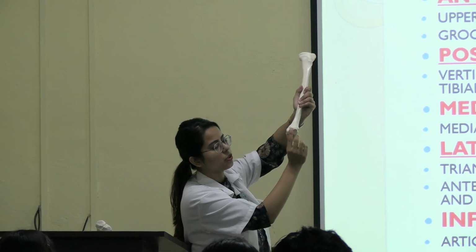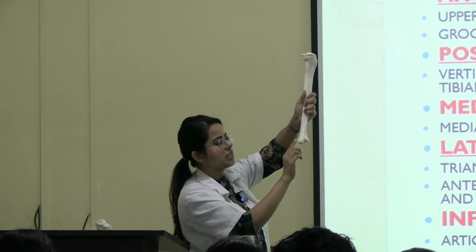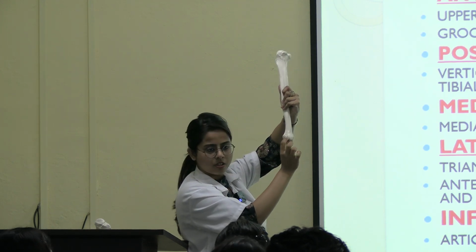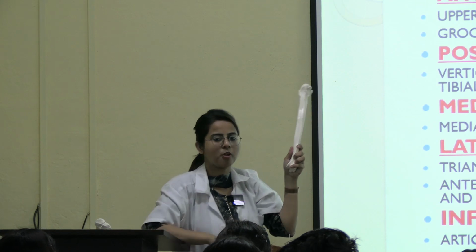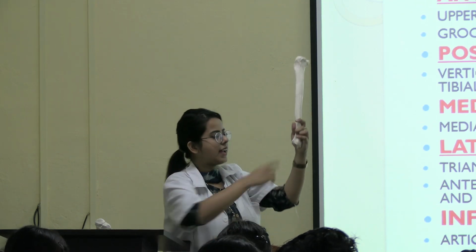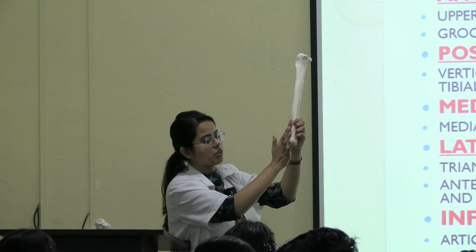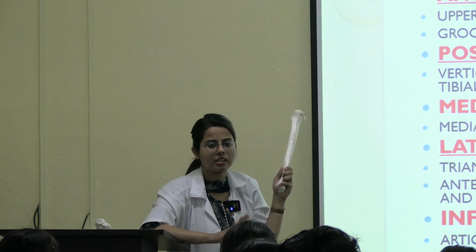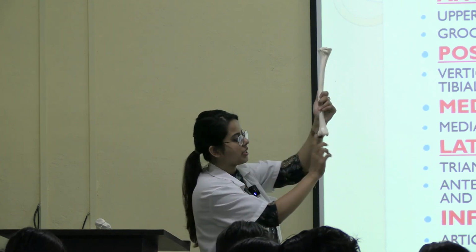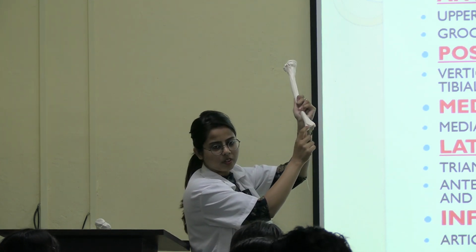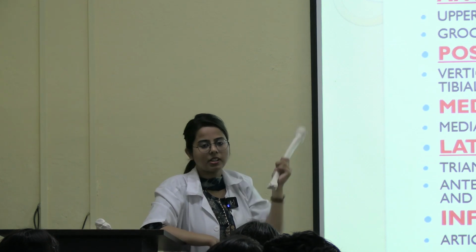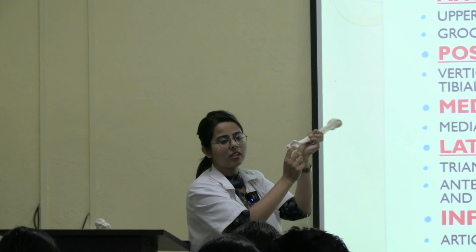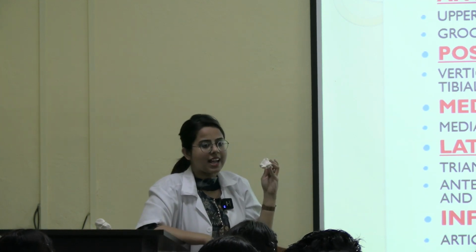The anterior surface has a groove inferiorly, the medial surface has the medial malleolus, the lateral has the fibular notch for articulating with the fibula to form the distal tibiofibular joint, and the anterior and posterior margins of this fibular notch have the anterior and posterior tibiofibular ligaments. Clear? Posteriorly, there is one groove here, which is for tibialis posterior, and inferiorly, this part will articulate with the talus.